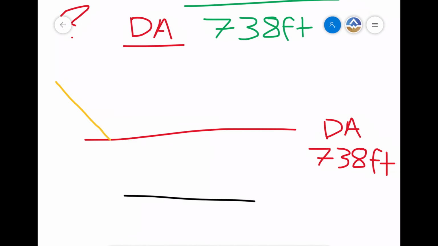We now reach 738 feet, our decision altitude. Here we make our decision. Can we see the runway? Can we see any of the required visual references? If we can, fantastic. We just continue down the approach to make a landing. However, if we can't see those references, this is the point at which we have to go around. So we initiate our go around and go and have another go. It also corresponds to the missed approach point there.